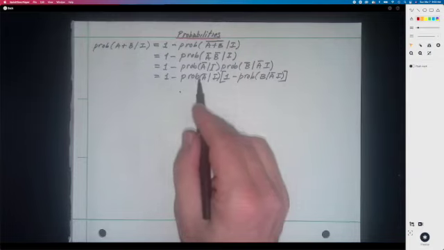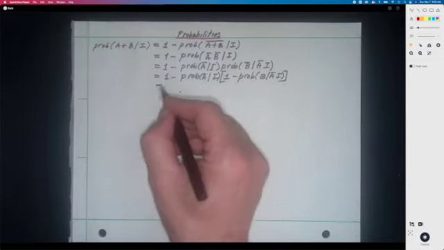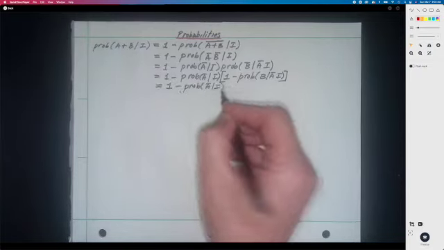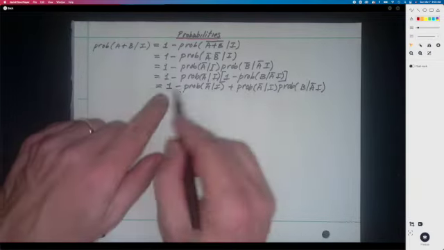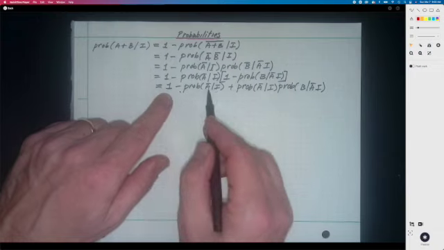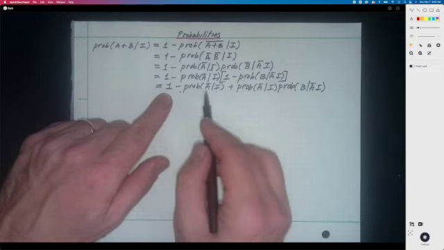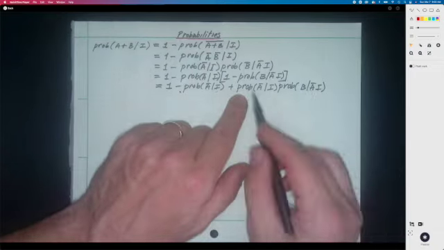We're going to do some algebra, simply multiply through this term, distribute it. And now we're going to combine these first two terms using the sum rule, and the second two terms we're going to combine using the product rule.